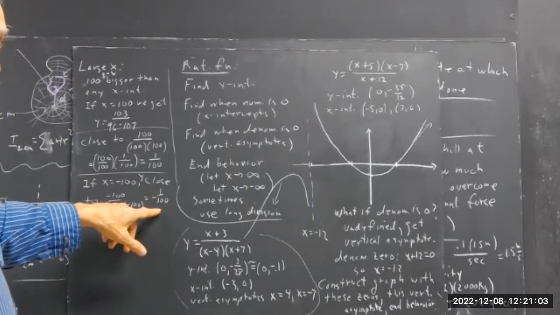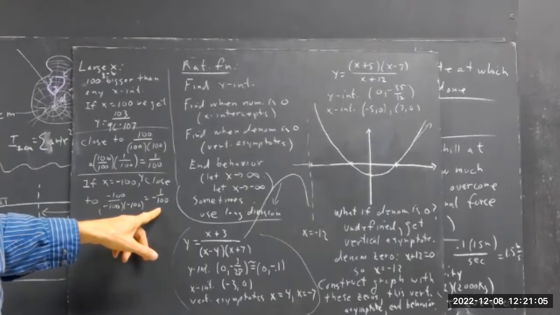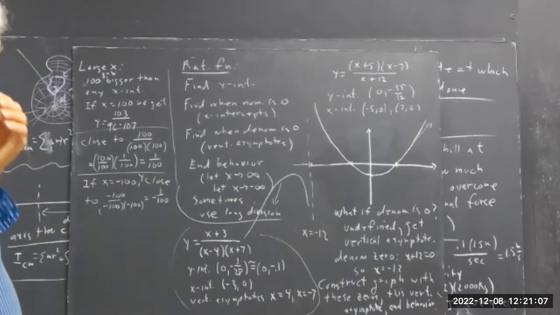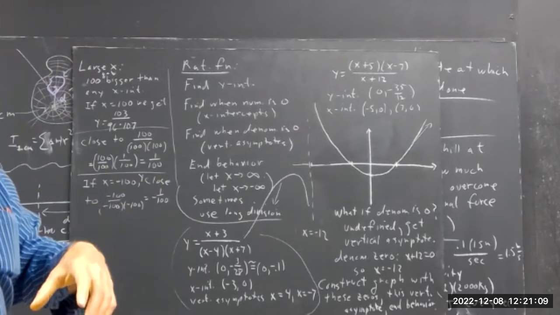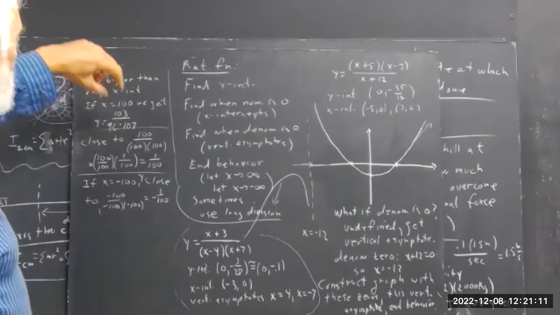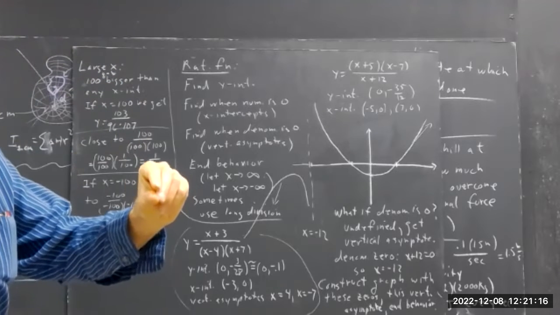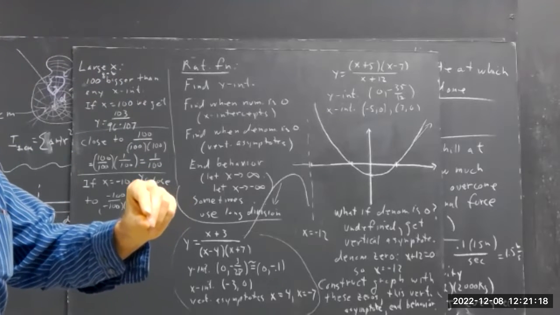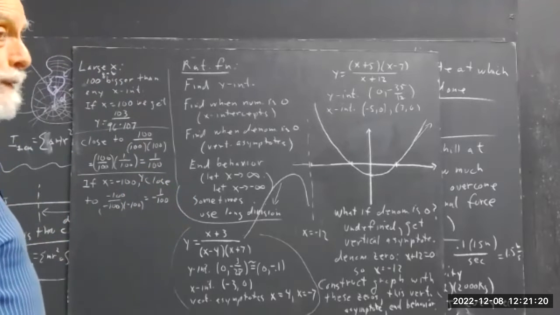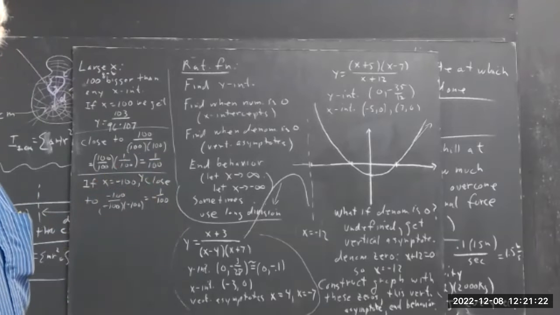I just wrote it down kind of sloppily, but if you write it out, you can convince yourself and start developing an intuition that if you divide a big number by a product of two big numbers, you're going to get a really small number. And since there's no limit to how big, there's no limit to how small.